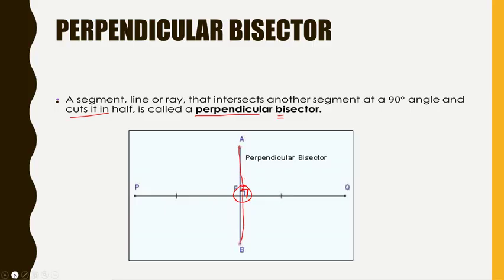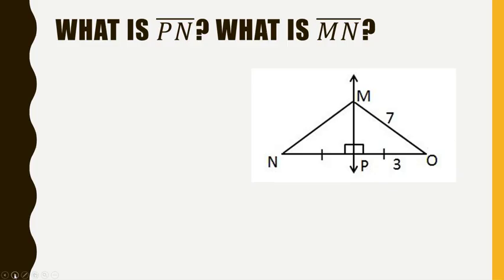Okay? All right. What is PN and what is MN? So we look in our diagram here, and we've got this triangle, and we have this perpendicular bisector. We know it's perpendicular because of this 90 degrees right here. So it cuts it in half. So if this side is a distance of 3, then this side also has to be a distance of 3.